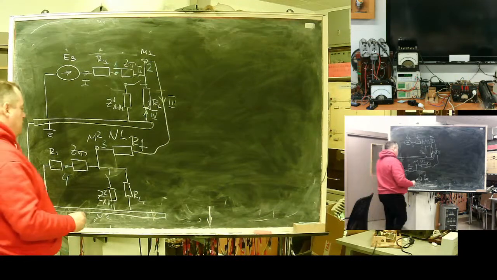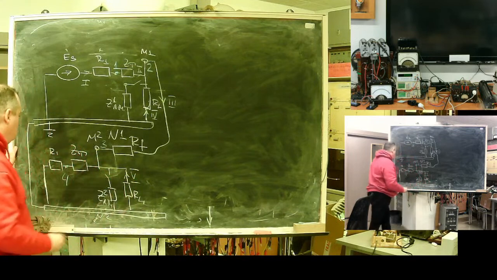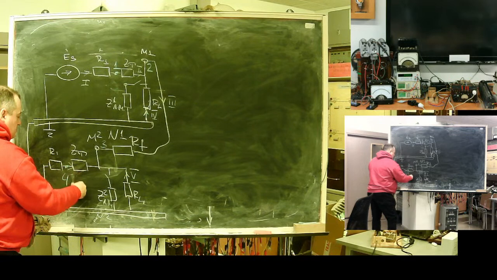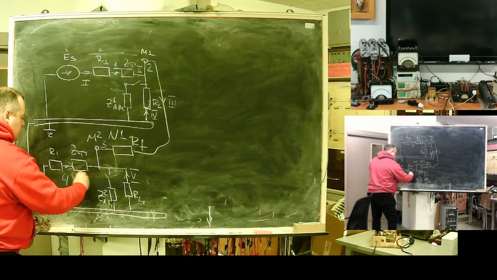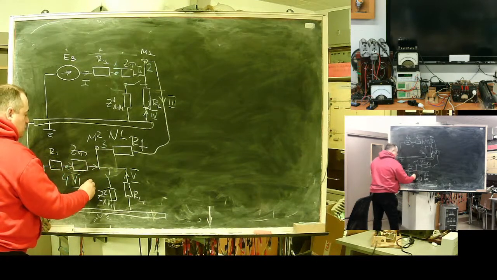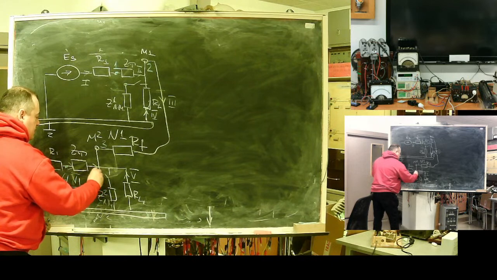Or maybe this will be branch 5. This is branch 6, and this one can be 7.